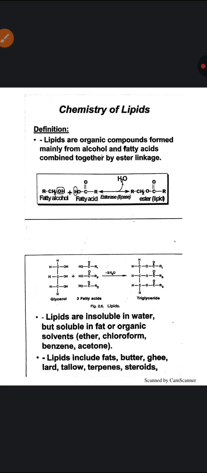Even those that are soluble are only relatively soluble, not completely. Actually, all fatty acids and related compounds are utilized by all living cells.